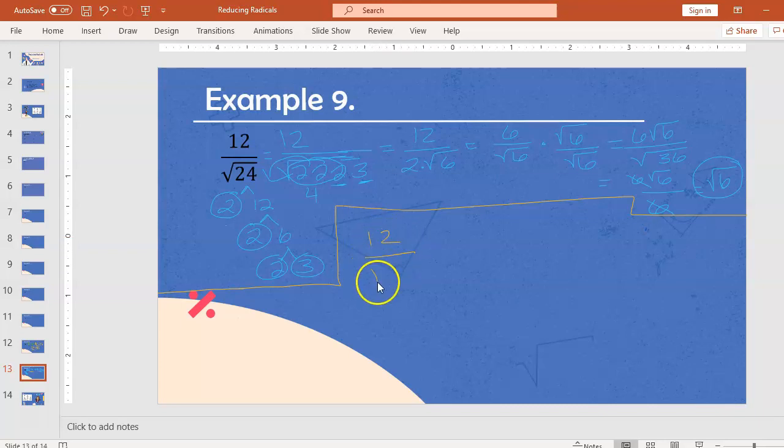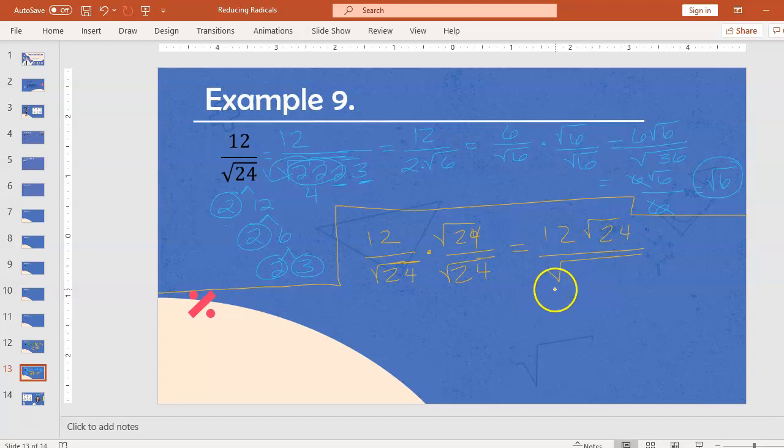Let's try it the other way. So if you have a radical in the denominator, maybe that's the first thing you see, and you're like, hey, I got to rationalize that. So you multiply the top and the bottom, that's a 24, by the radical that's in the denominator. So we have 12 times root 24. And then, what is 24 times 24?